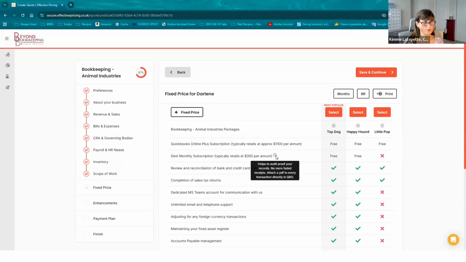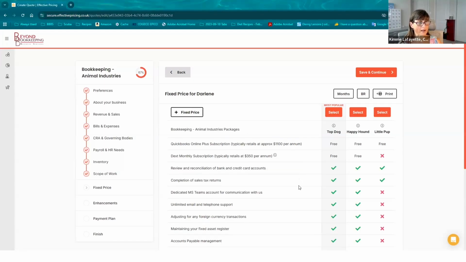If you were to purchase this subscription yourself at current pricing, it's about $350 a year. I do include it in my top two packages, the Top Dog and the Happy Hound package. It's not included in the Little Pup package, but it is available at an additional fee in that package if you want. So if you did want it, that is something that we could set up for you.